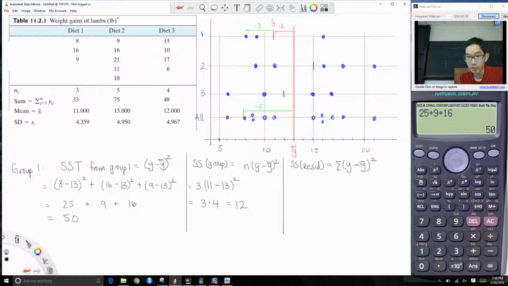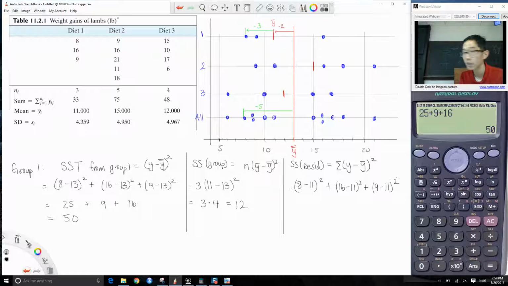Right now I'm just doing it for one group, but for the total you would do it for all of the groups and add them all together. So 8 is different from its group average of 11, and 16 is different from its own group average of 11, and 9 is different from its own group average of 11 as well.